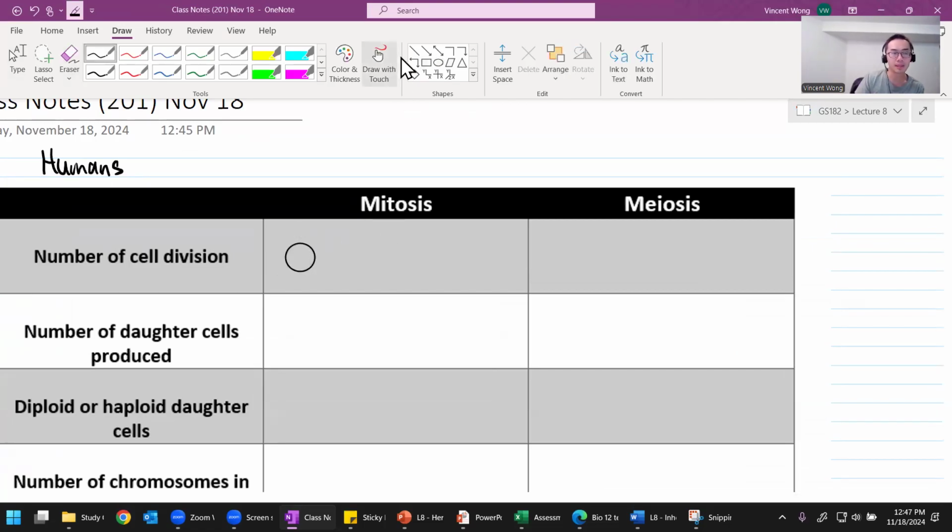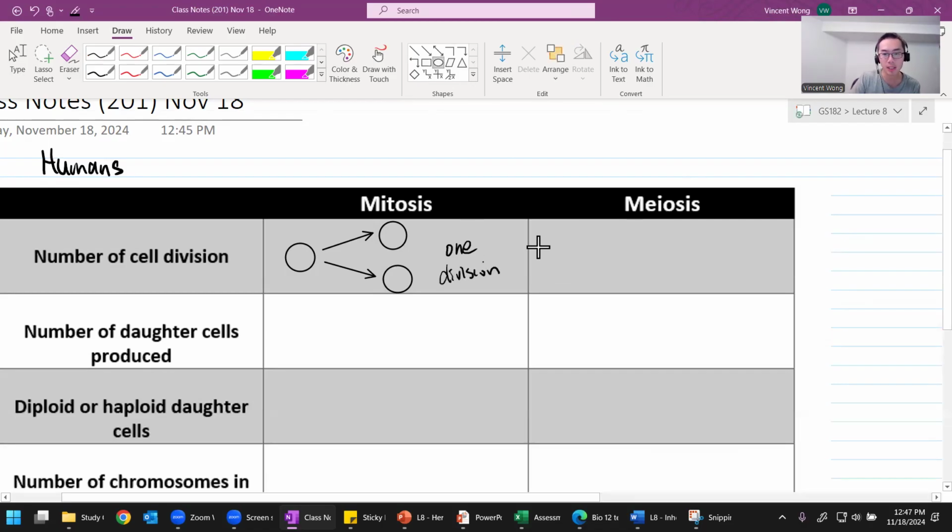How many times does this cell divide in mitosis? That's right, it only divides once. So you're going to end up having two daughter cells. Two daughter cells. Okay? So one division. Once. One division, we can say.